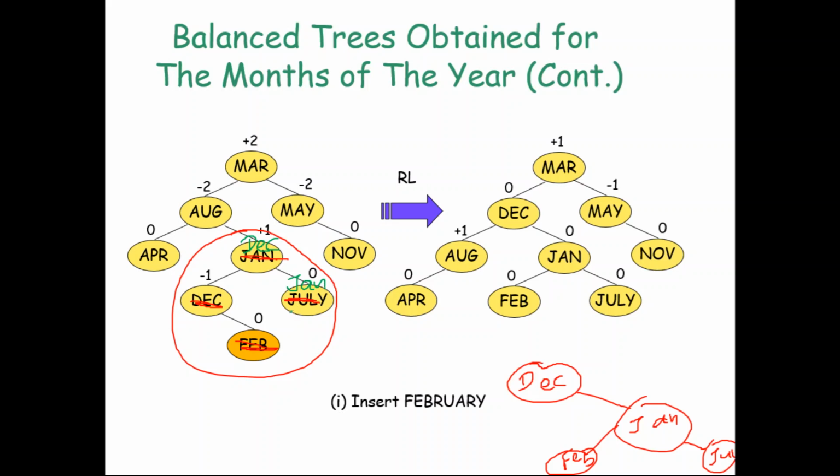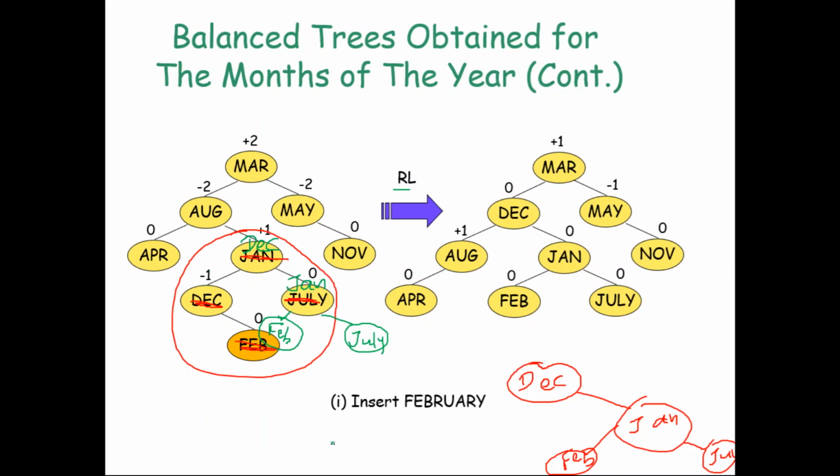Jan's left will be Feb, and Jan's right will be July. There is nothing to the left of December, because December has become the root and its left child has come here.